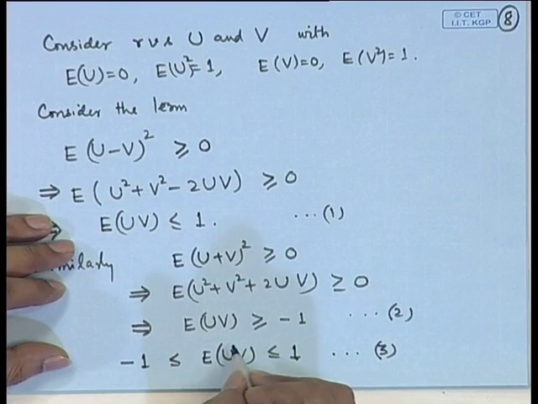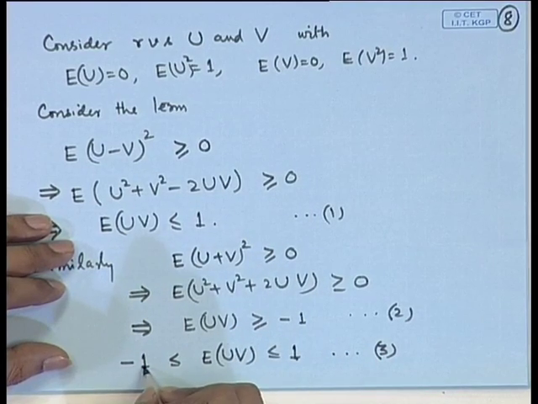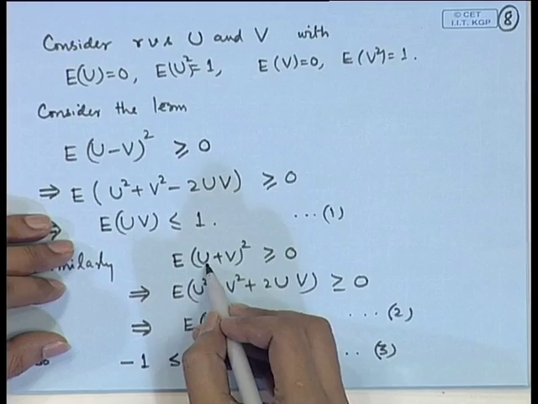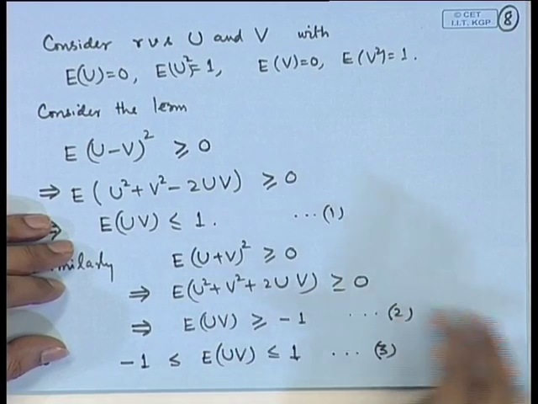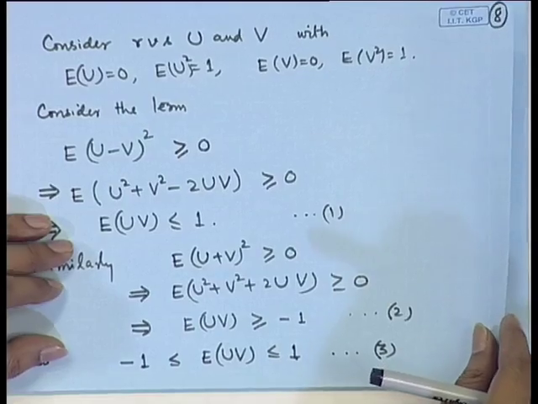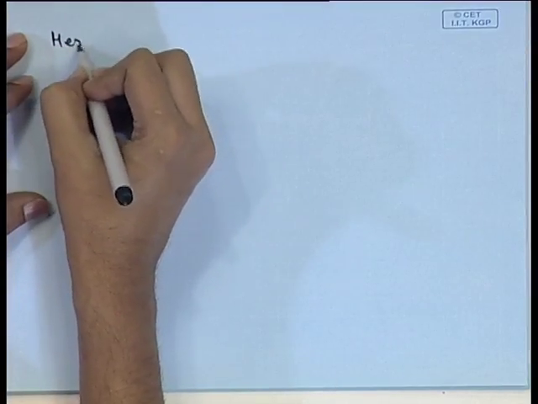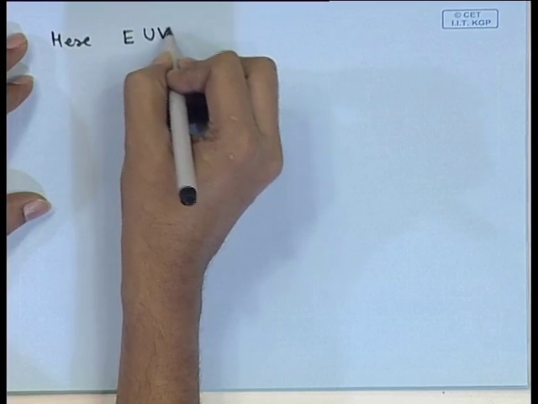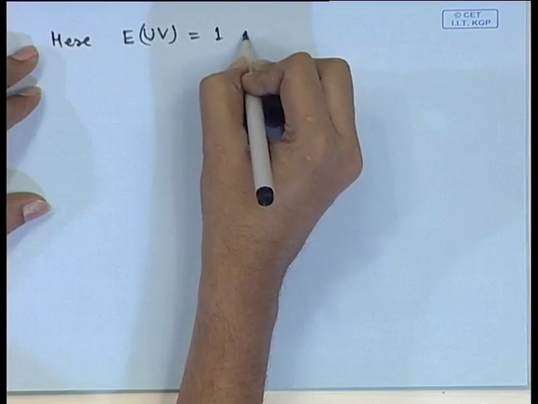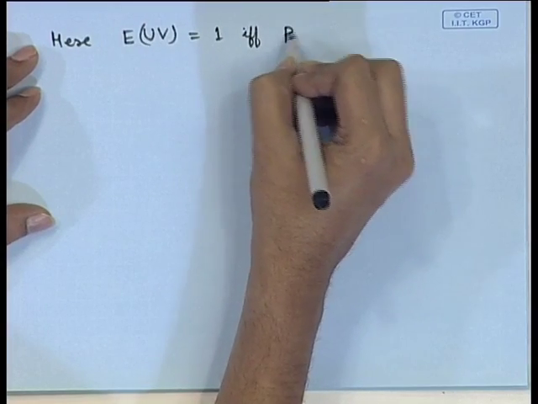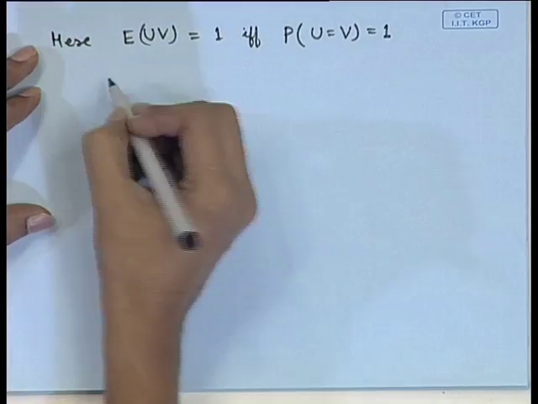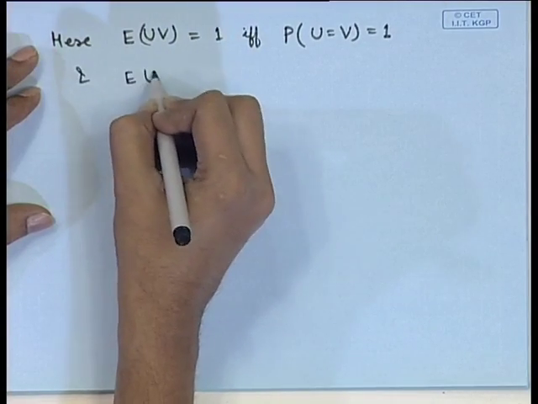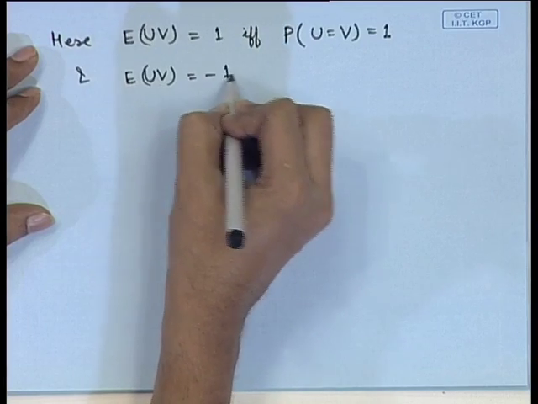In a similar way, the equality at minus 1 will be attained if u is equal to minus v with probability 1. Let us consider the expressions for this. Here expectation of u v is equal to 1 if and only if probability of u is equal to v is equal to 1, and expectation of u into v is equal to minus 1 if and only if probability of u equal to minus v is 1.